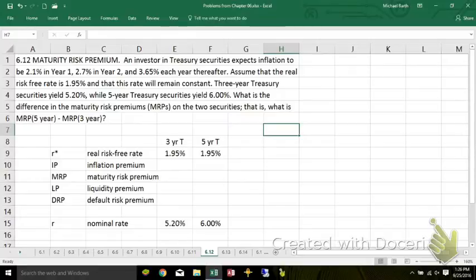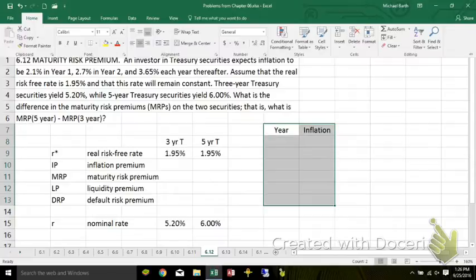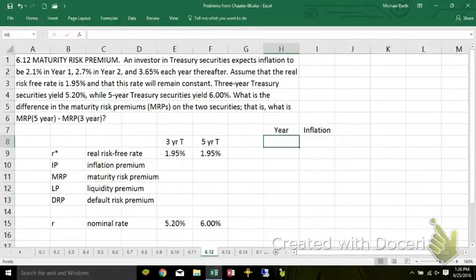So if I go over here, and that's year and inflation, and then calculate the average over these two periods of time. Alright, so year 1, 2, 3, 4, 5. The inflation rate is 2.1% this first year, 2.7% in year 2, 3.65% forevermore after that.